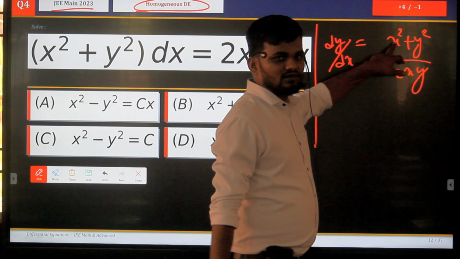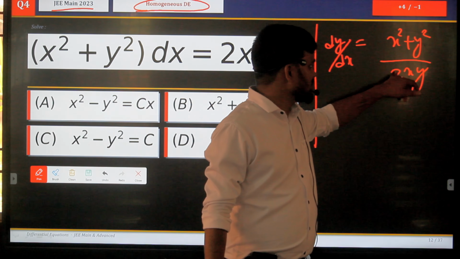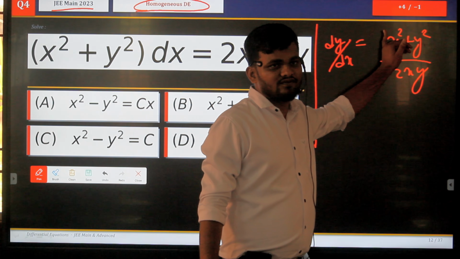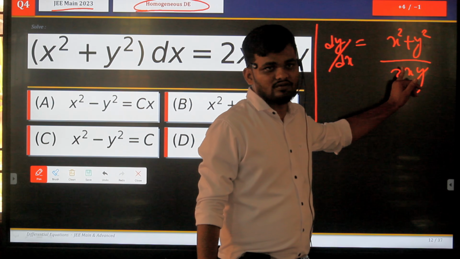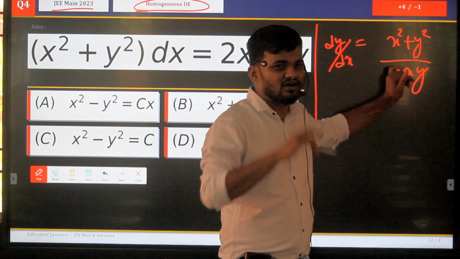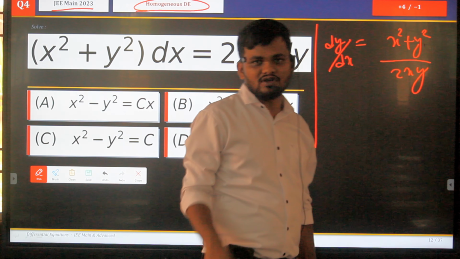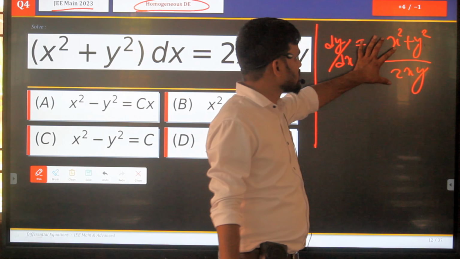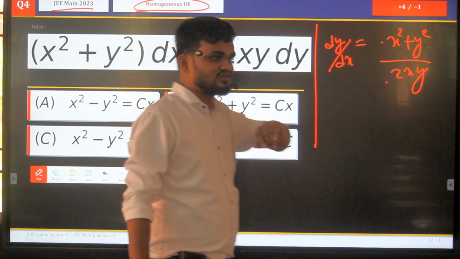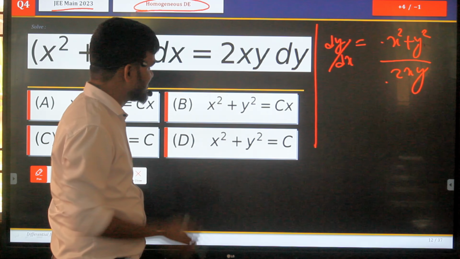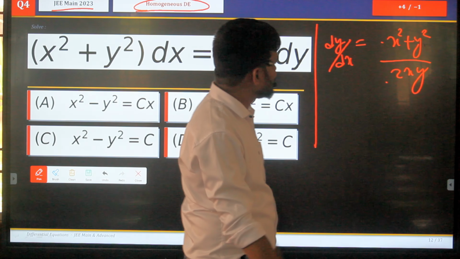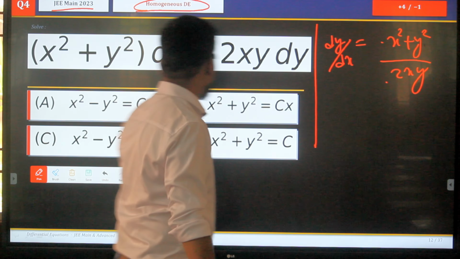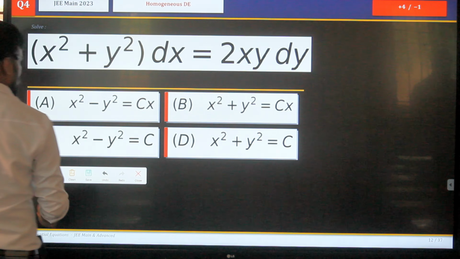If I put x is equal to tx and y is equal to ty, then t square comes outside from the numerator and t square comes outside from the denominator, and t square will cancel. So the power of t becomes 0. So this is a homogeneous function of degree 0. That means the differential equation is a homogeneous differential equation. How to solve this type of differential equation? By taking y is equal to vx. Let's see, let me solve this.